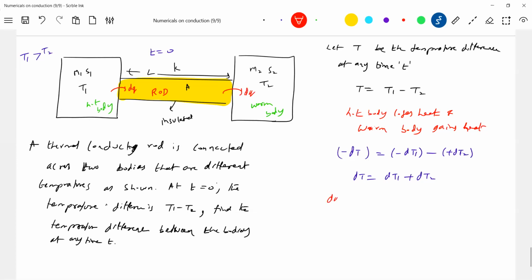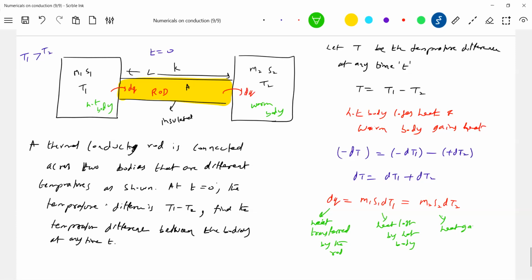Okay, I'll write it. dQ is equal to m1 s1 dT1. What should you write as comment for this? Heat transferred by the rod, heat lost by the hot body, heat gained by the cold body.